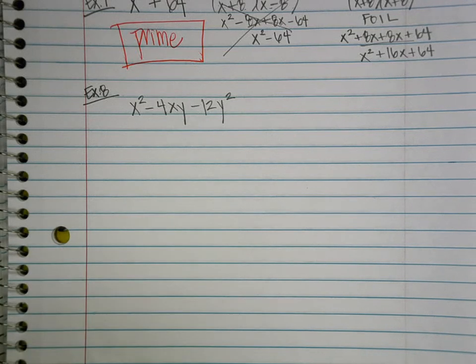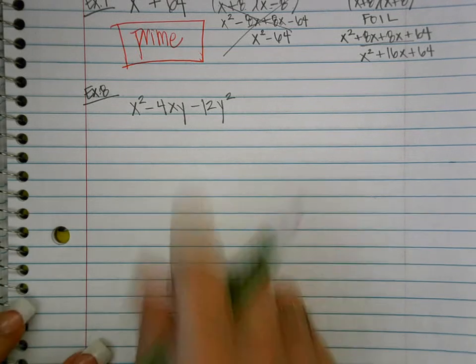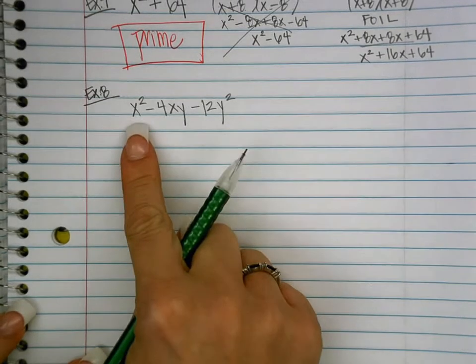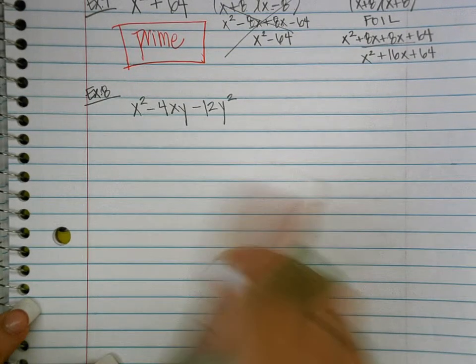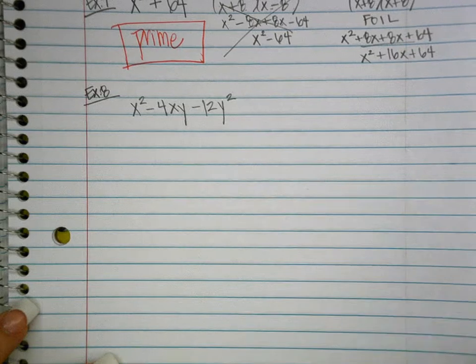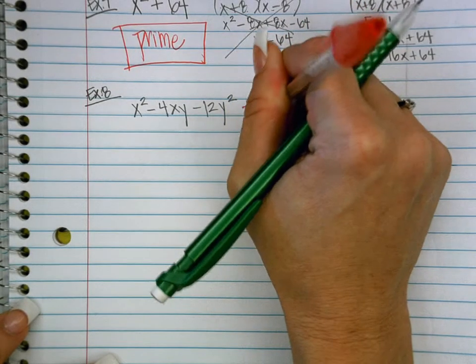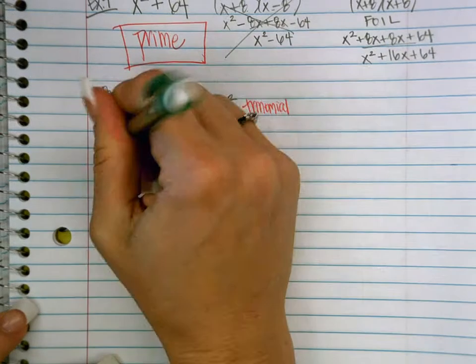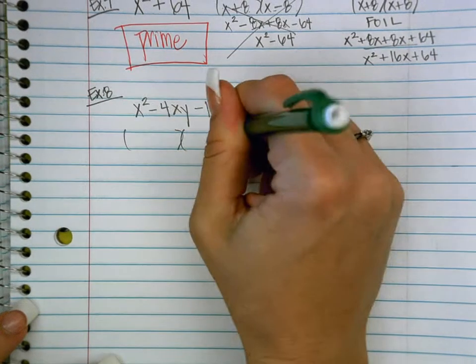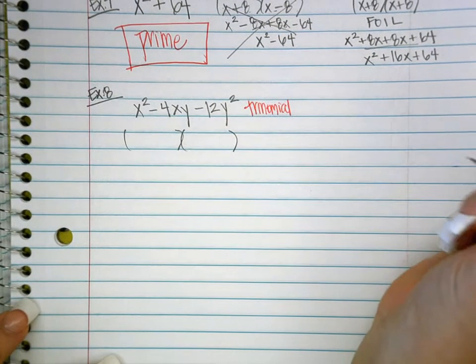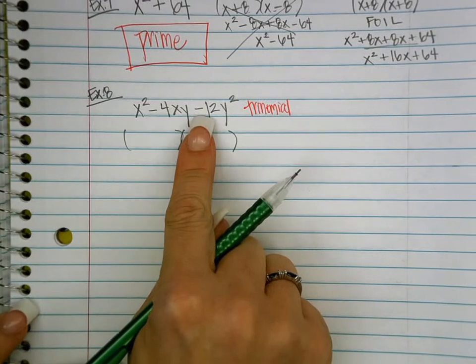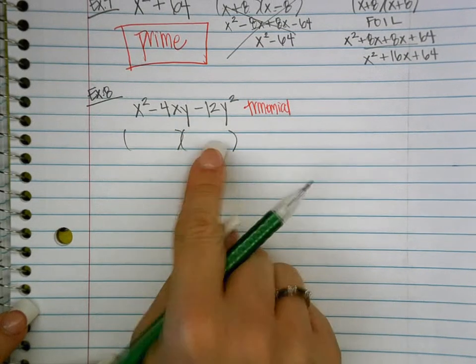No, there is not. A lot of people like to say the y, but there's not a y in that first part. Now, if you count up your number of terms, what kind of factoring would this be? Trinomial factoring. Now, there's a y at the end. That does not change anything at all about how you factor things. First I want you to put in the sign. So if it's negative at the end, what does that tell you about the signs? Is it going to be both plus, both minus, or one of each?